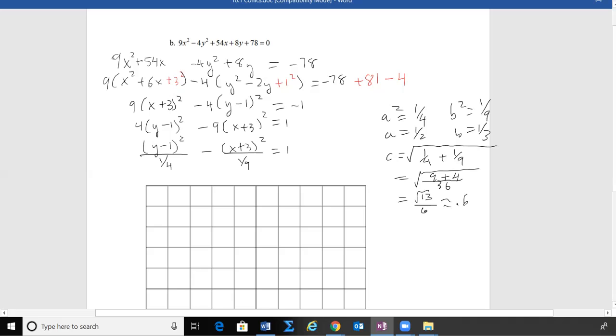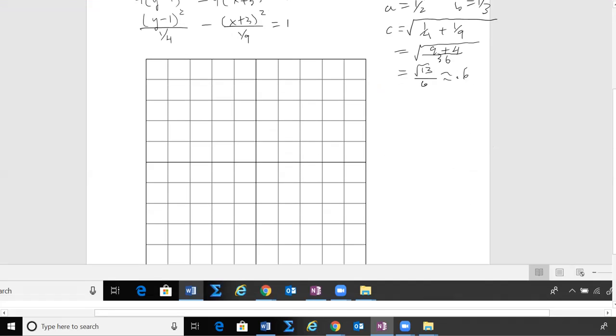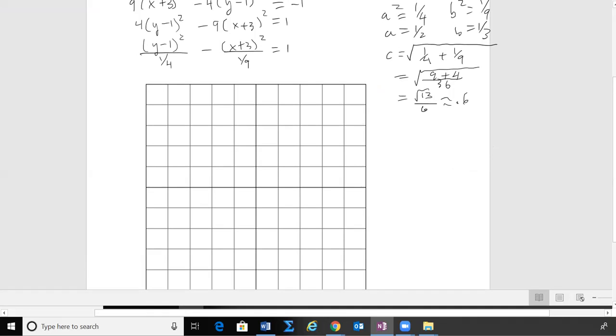Okay, so let's look at what this comes out on our grid here. Okay, so this looks like the origin here. We have our center's been translated, so it's -3, 1.